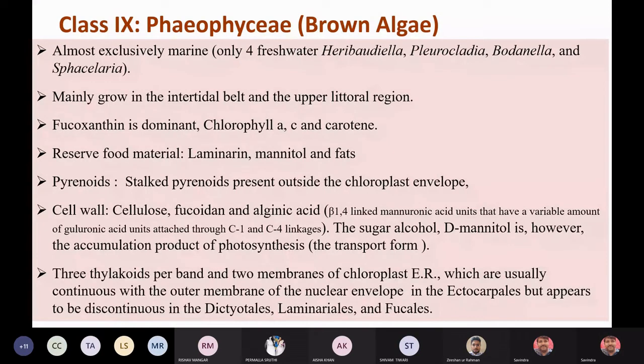So as you knew, Lee's whole classification is based on how many endoplasmic reticulum and chloroplast envelopes there are, along with the number of thylakoids.